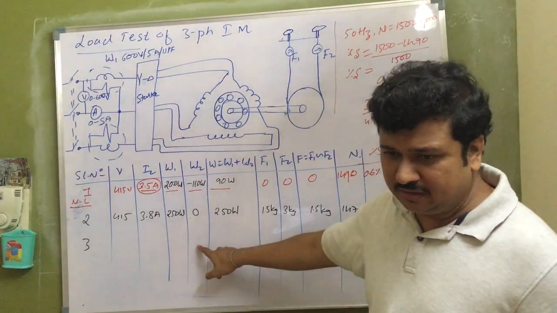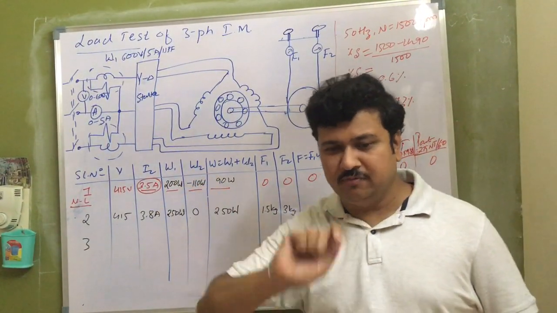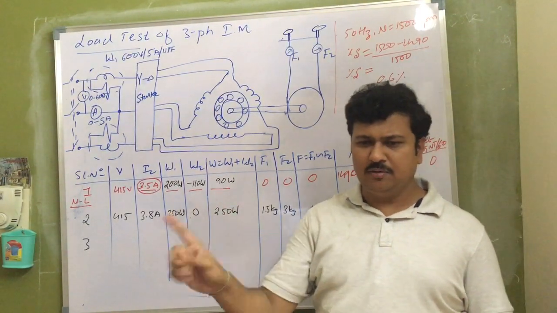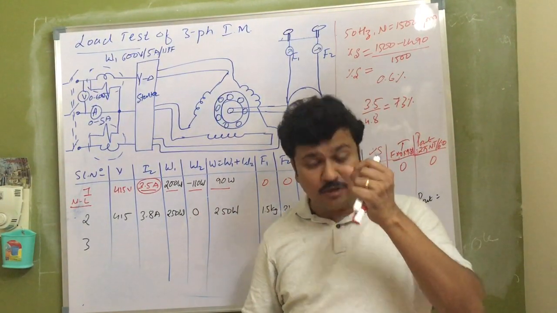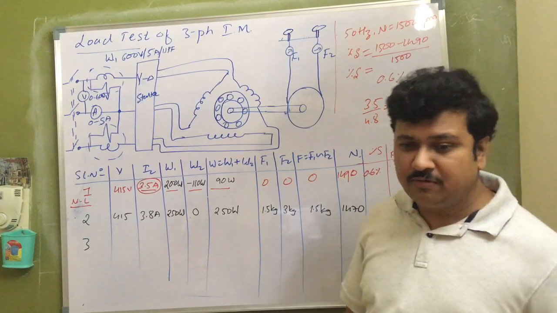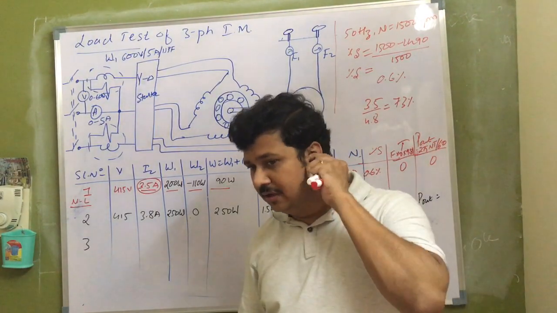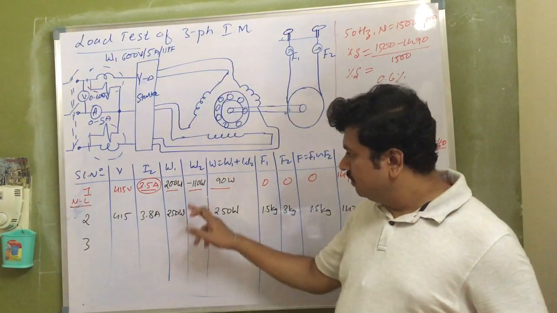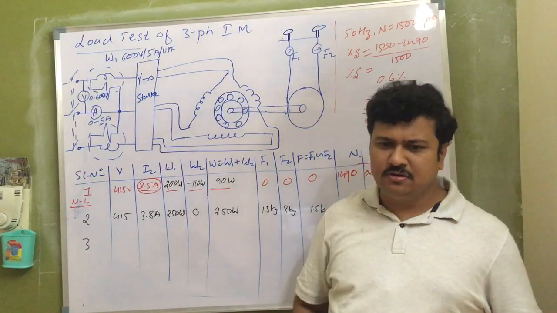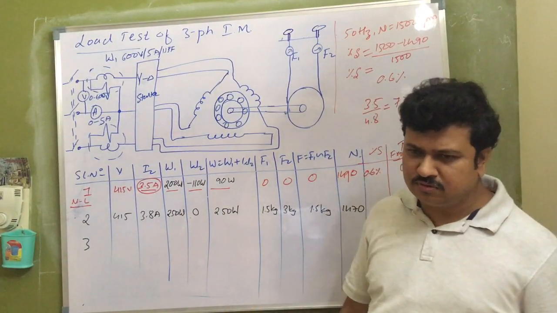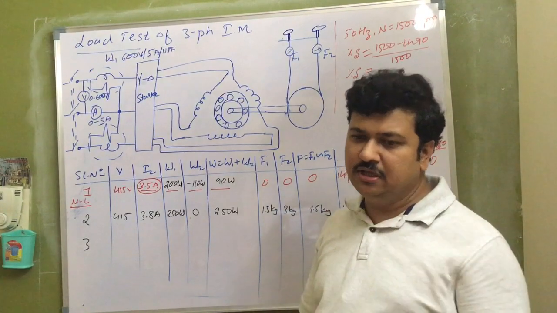When this happens, again I have to reverse either the current coil or potential coil. Whichever you reversed here, you reverse the same thing. The other thing also will work. Please remember one thing.